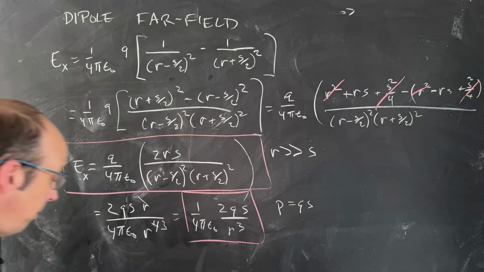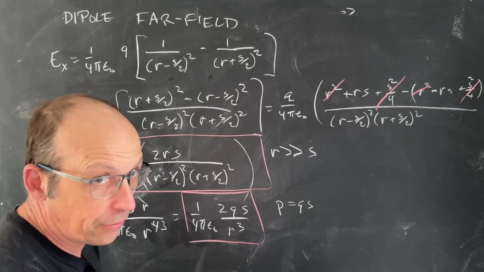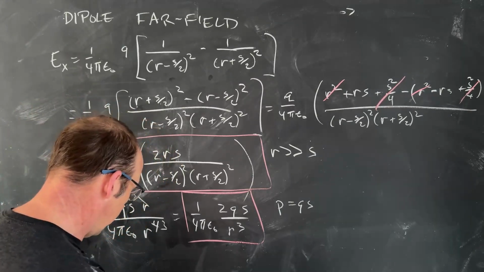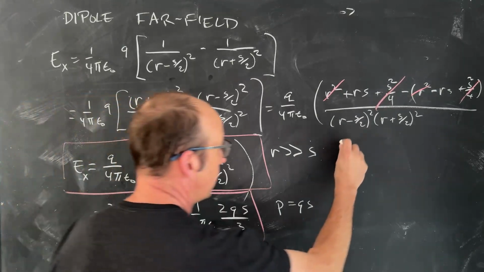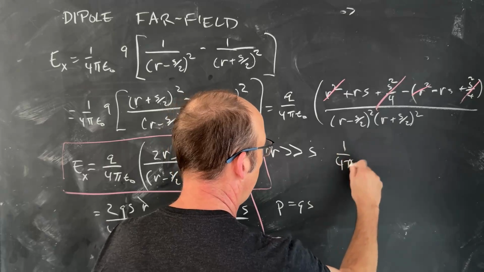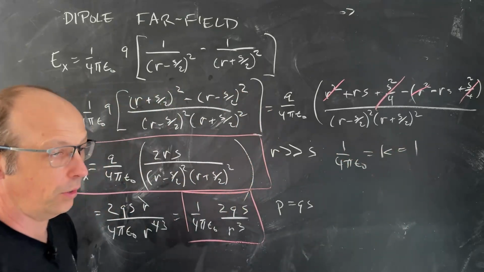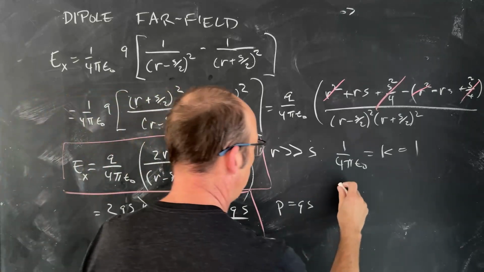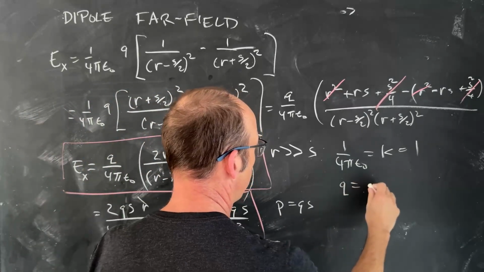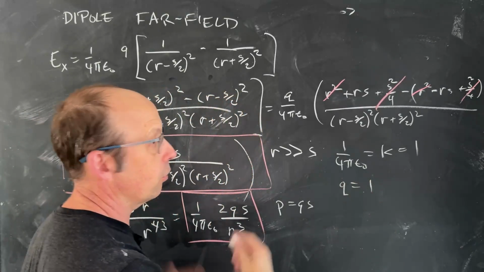So I'm going to go into Python and do this. I need some values, so let's do a little trick here. I'm going to say 1 over 4 pi epsilon naught is k, and let's just set that equal to 1. We don't really care. And then q is equal to 1 coulomb. Doesn't matter.